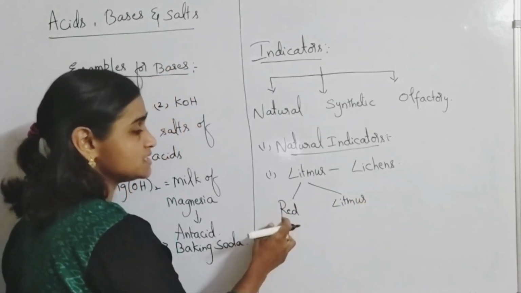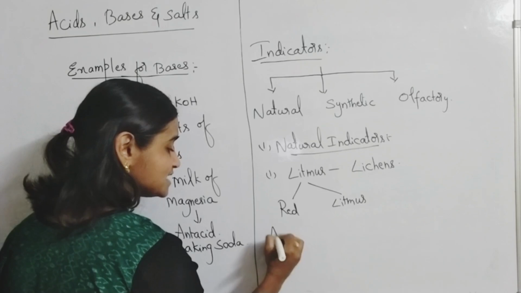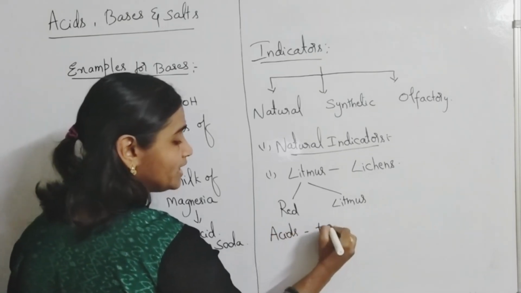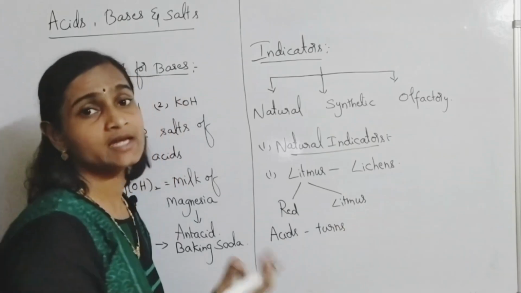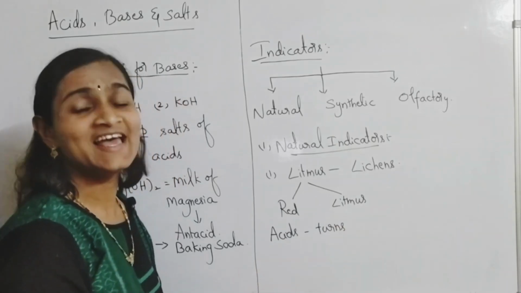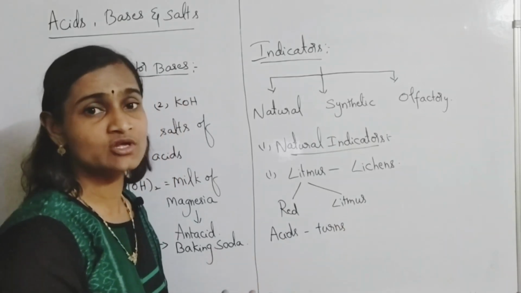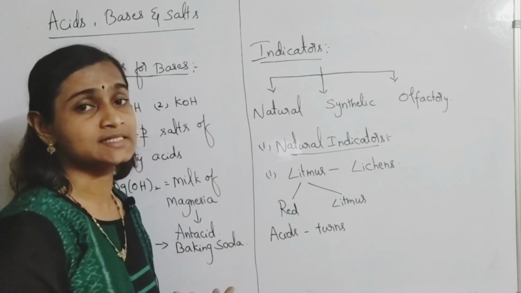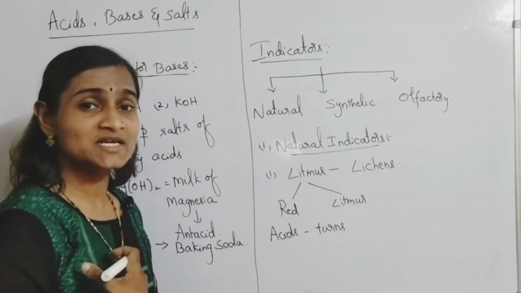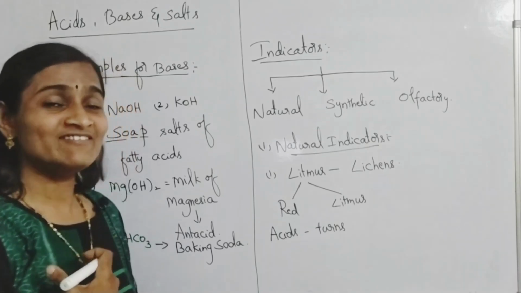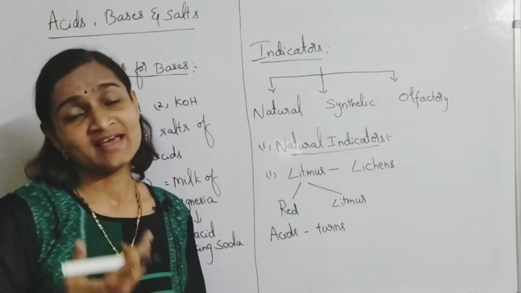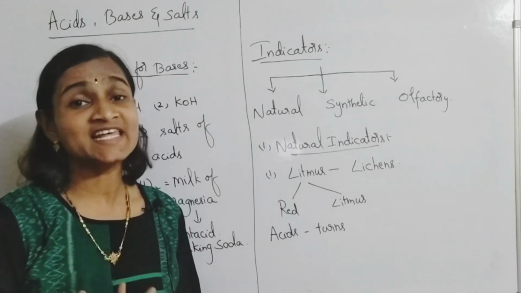So acids, as I just told, turn blue litmus to red. If anything turns red, it is dangerous, isn't it? Acids, of course, are not dangerous until and unless we take concentrated acids. Acids are present even in our body, even in our mouth. In our mouth, saliva is there, and saliva is acidic in nature.